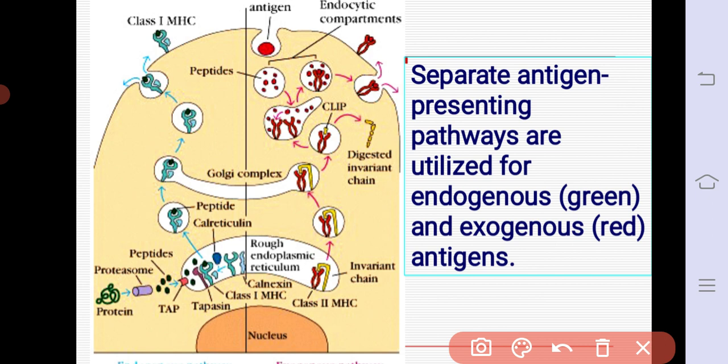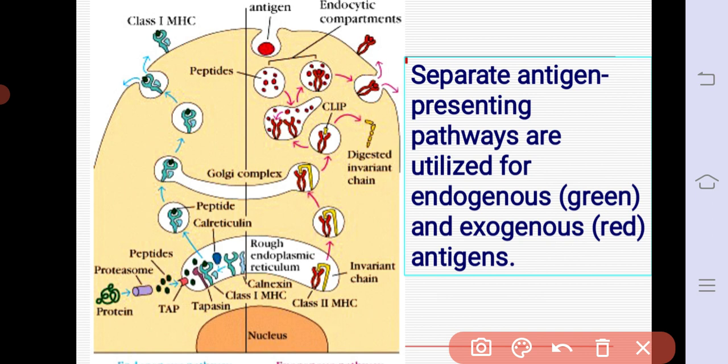Towards the right, the foreign antigen, or antigen which is present outside the cell or outside the APC, is engulfed by an endosomal or lysosomal vesicle like this. And within the lysosomal vesicle, it is fragmented into short peptide antigen.